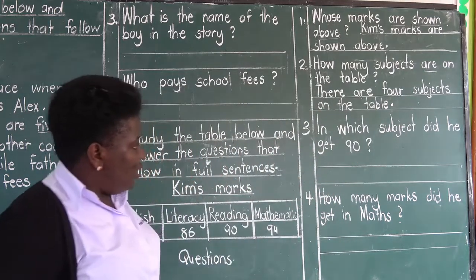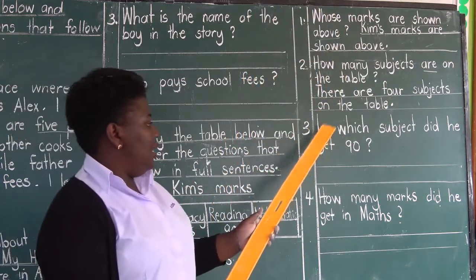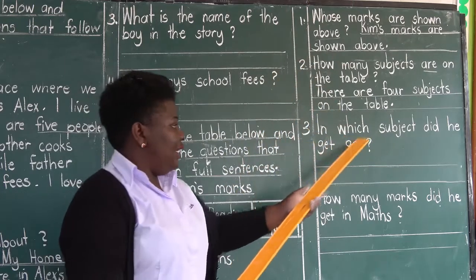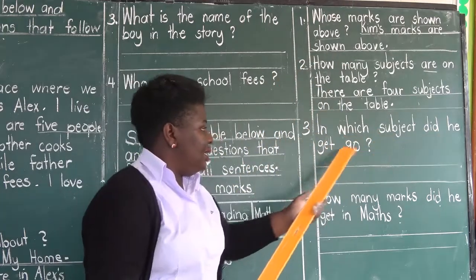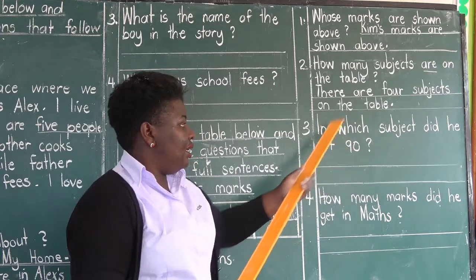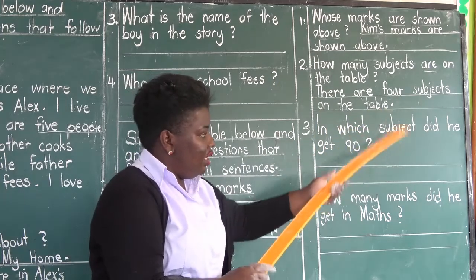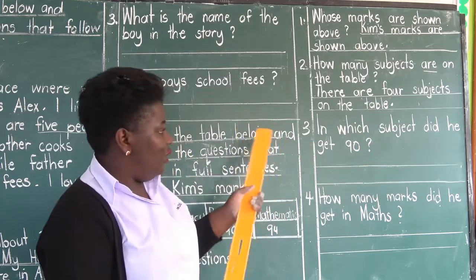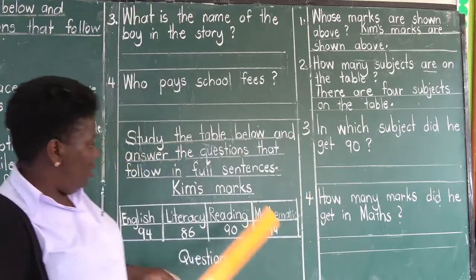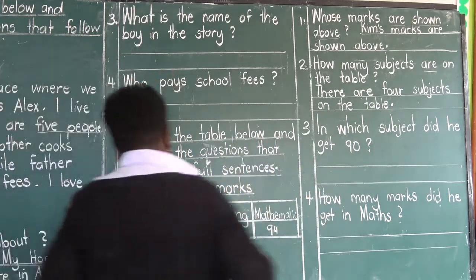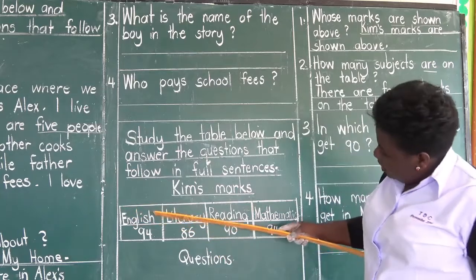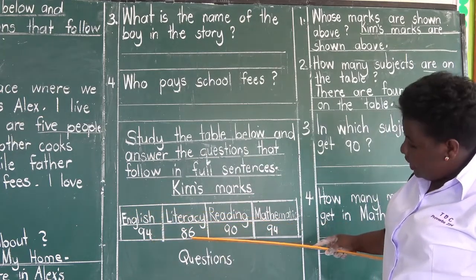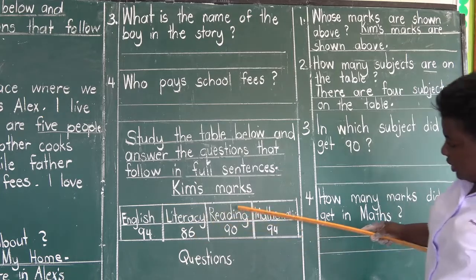The next question says, in which subject did he get 90? In which subject did he get 90? You come back here on your table. English, 94. Literacy, 86.